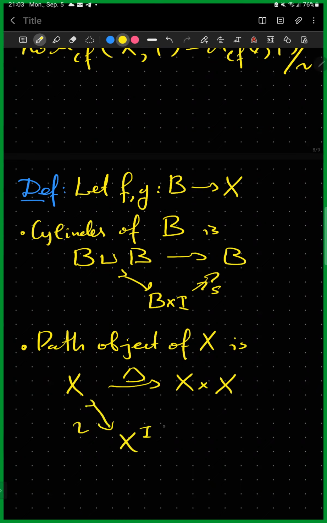And now we can define the notion of left and right homotopy between morphisms.